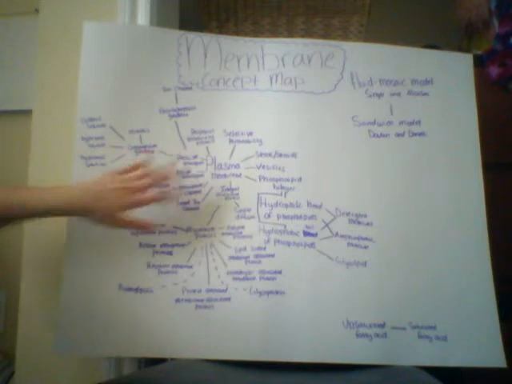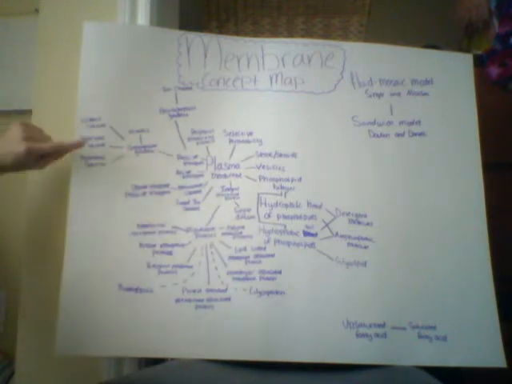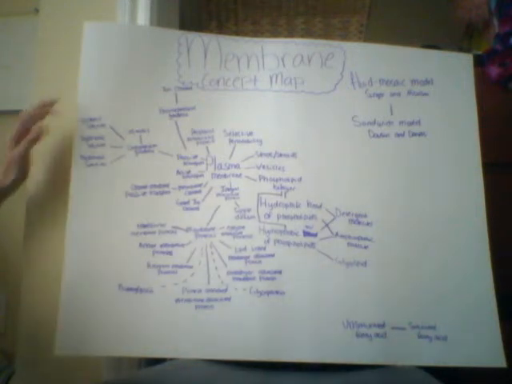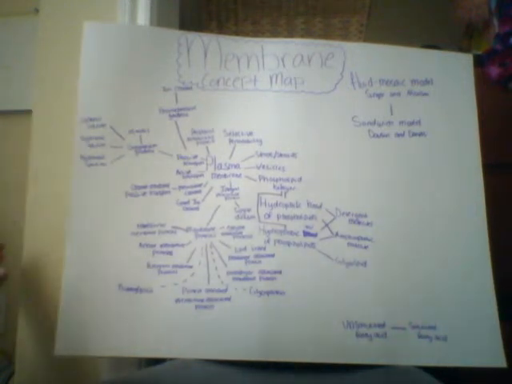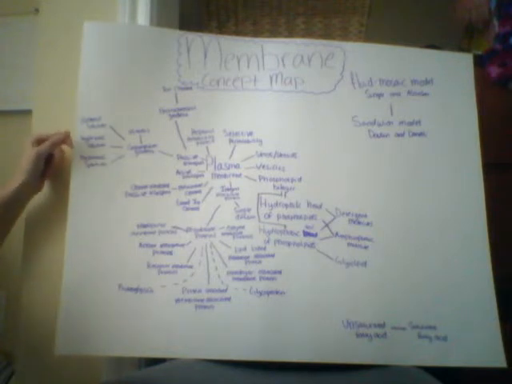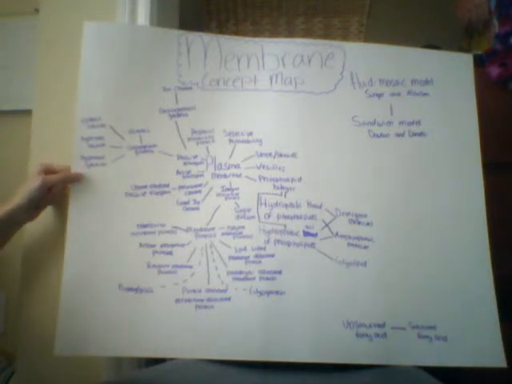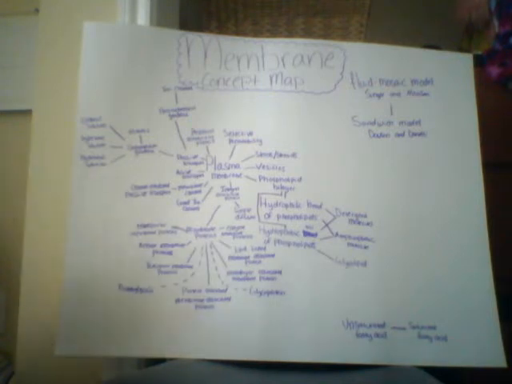And then we can go to our isotonic, hypertonic, and hypotonic solutions. With isotonic, you have the same osmotic pressure on either side; with hypertonic, you have a higher concentration of solutes on the outside than on the inside; and with hypotonic, you have a lower osmotic pressure on the outside.